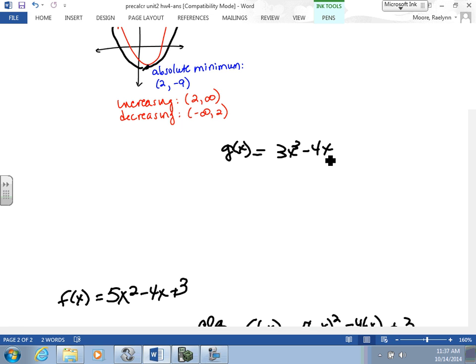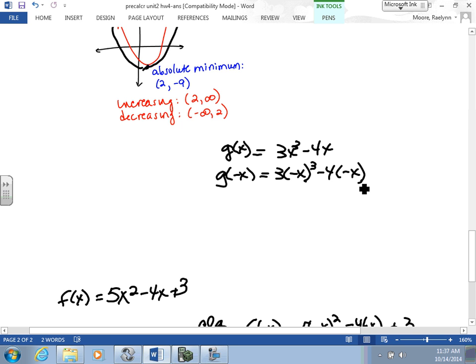We can look for symmetry, or we can use our rule. Negate the x. When you raise to an odd power, that negative becomes a negative. And a negative times a negative is a positive.